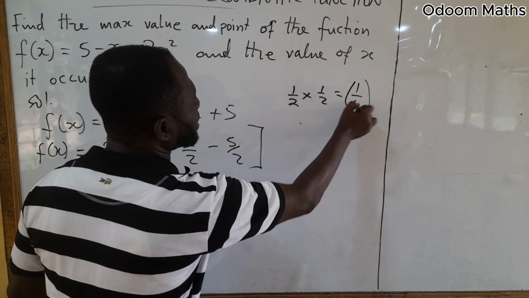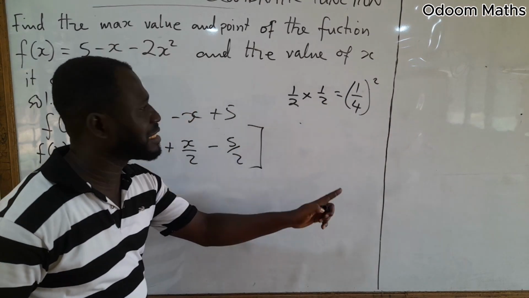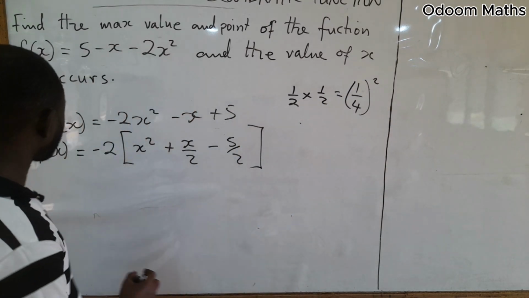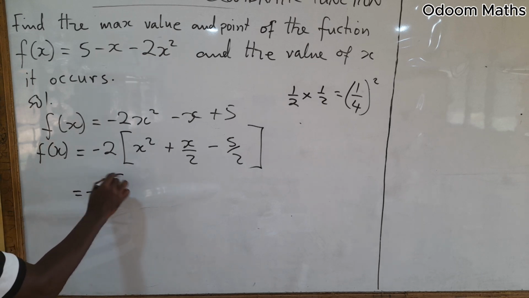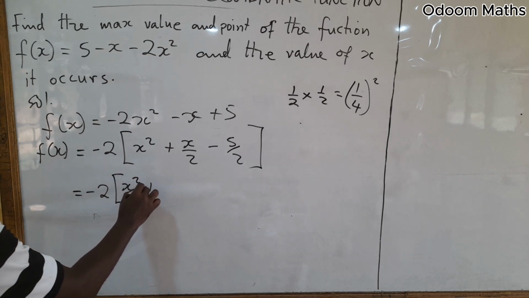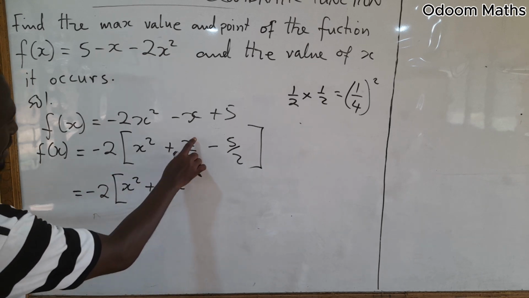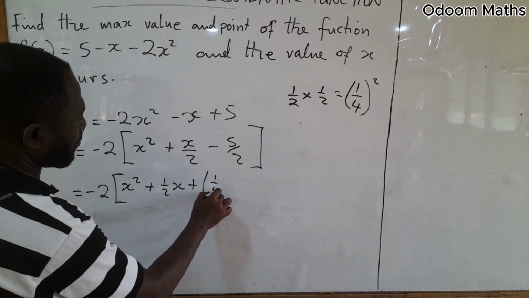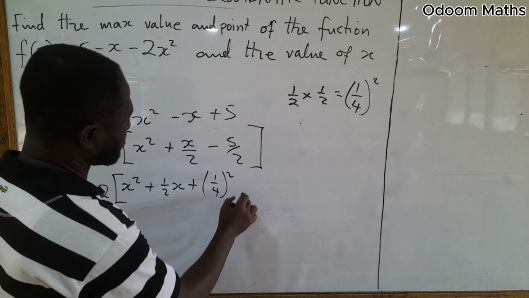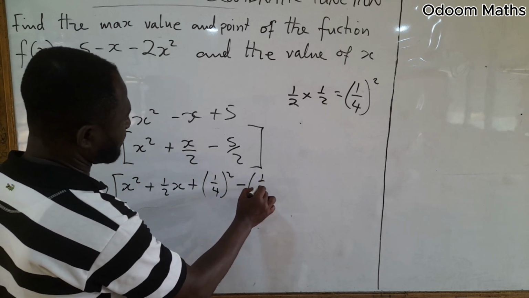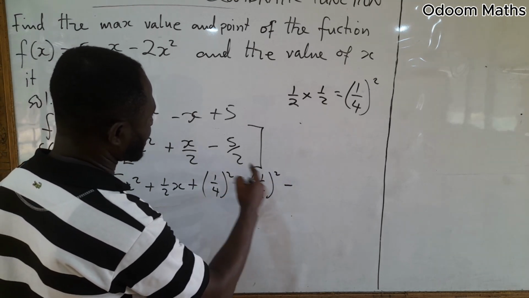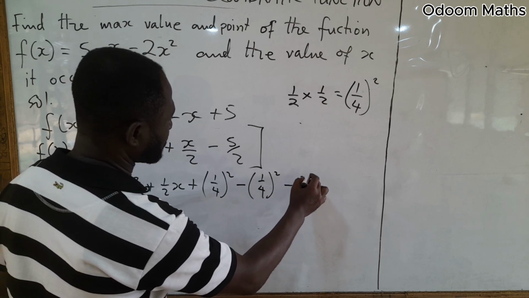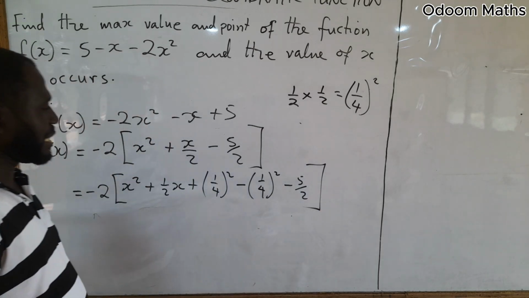So I am going to square this, add and subtract it in the expression in the brackets. So negative 2 into brackets, x squared plus 1 over 2x, plus into brackets 1 over 4 squared, minus into brackets 1 over 4 squared, minus 5 over 2. I've not done anything new.